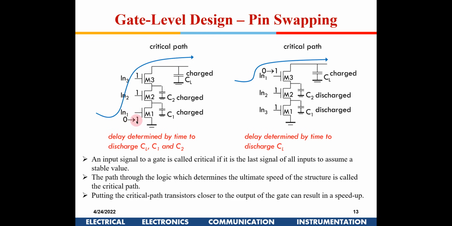For delay, what we generally do is, when this is making 0 to 1, the charge which is stored here needs to get discharged through M3 to M2 to M1.